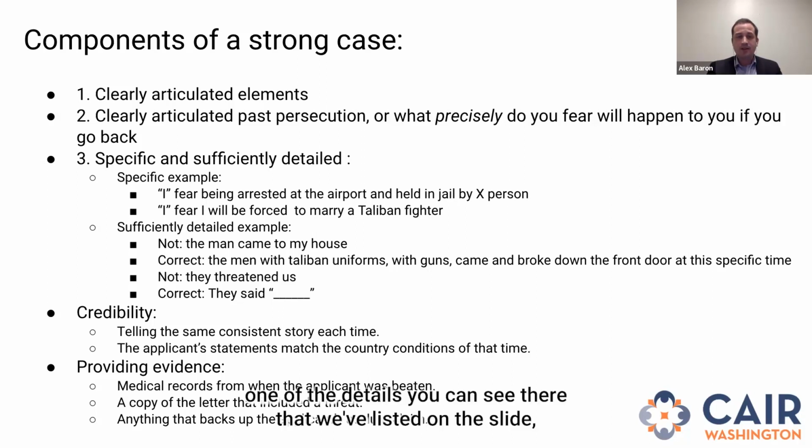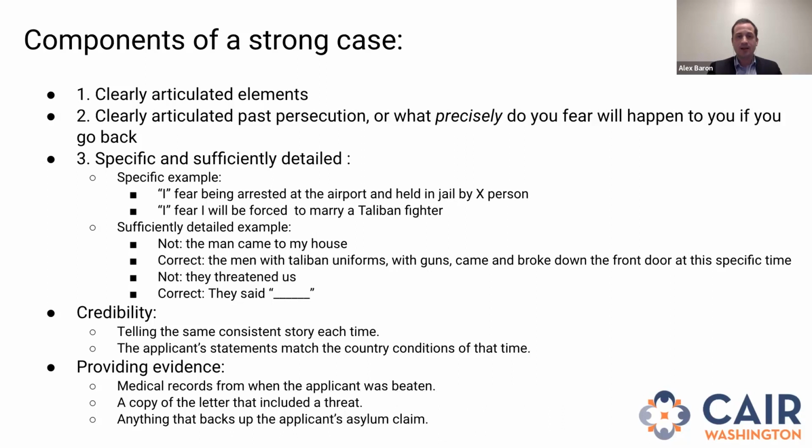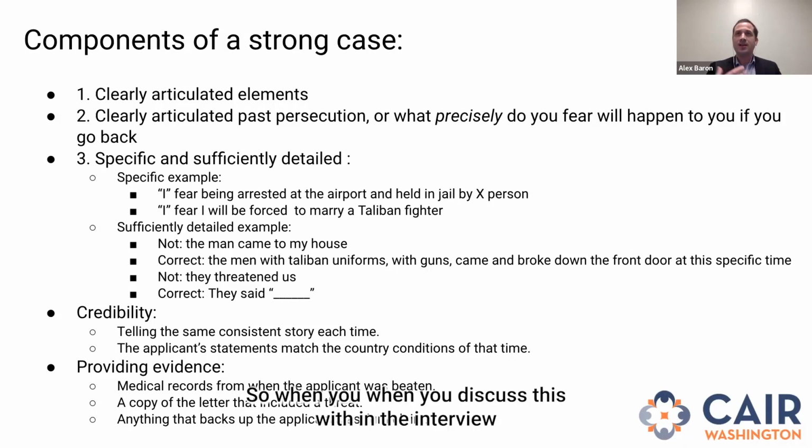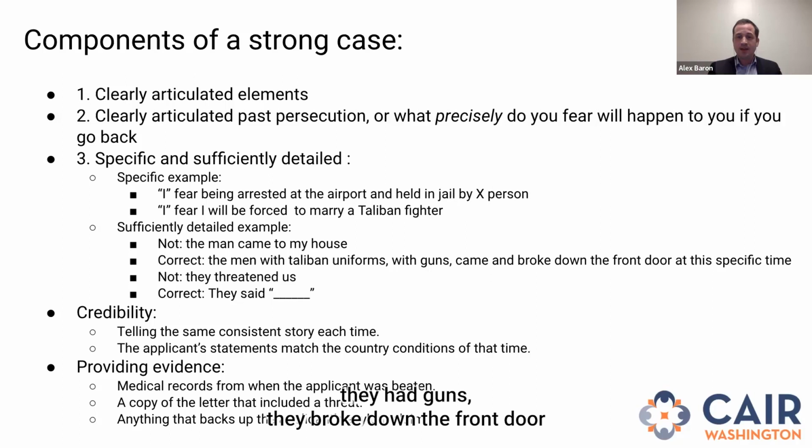One of the details that you can see there that we've listed on the slide: if you say just a man came to my house and threatened me, that won't be enough for the officer or the judge to grant you asylum if you can't provide more. So when you discuss this in the interview, or even in the written testimony that you submit with your application, you want to be able to say, the men came to our house, they had Taliban uniforms, they had guns, they broke down the front door, or they knocked on the door, or something like that.